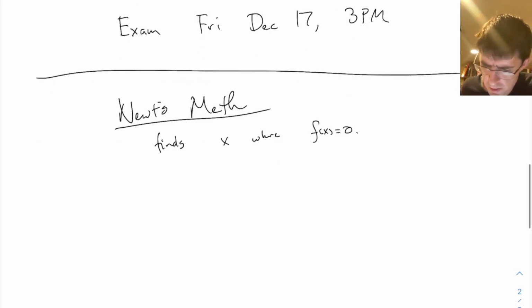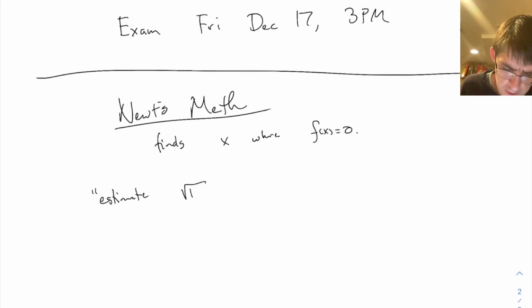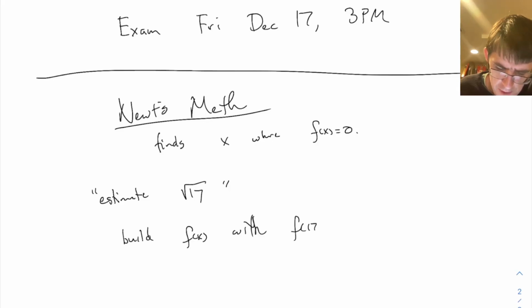So something like, what if I said estimate the square root of 17? You have to invent a function. You need to build f of x with f of the square root of 17 equals 0.